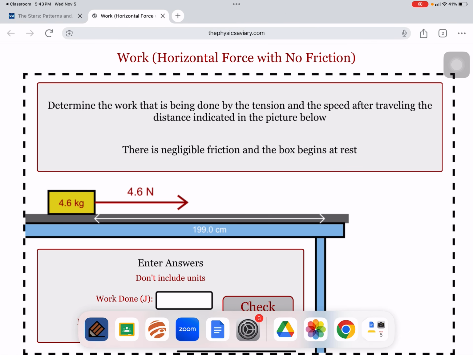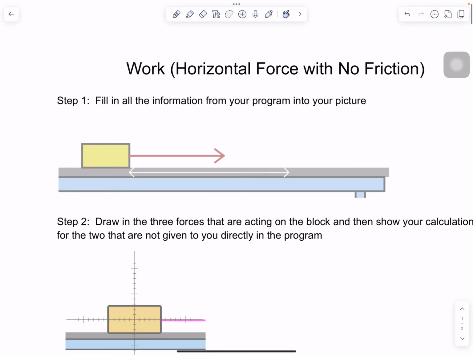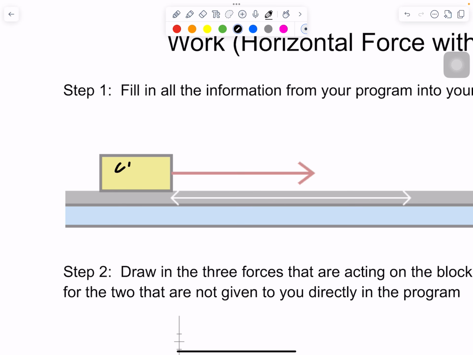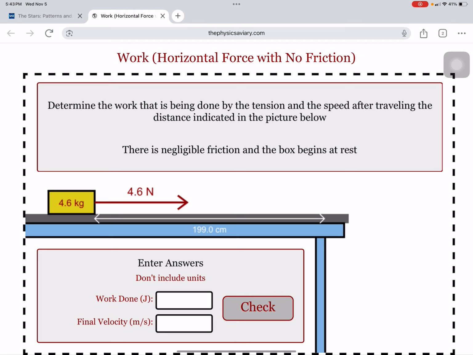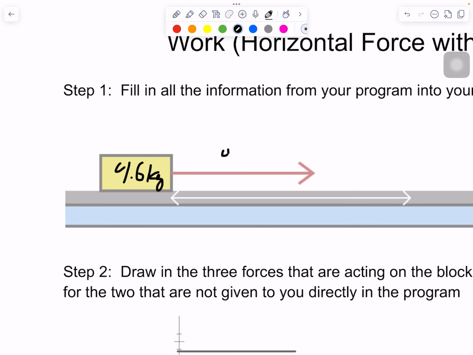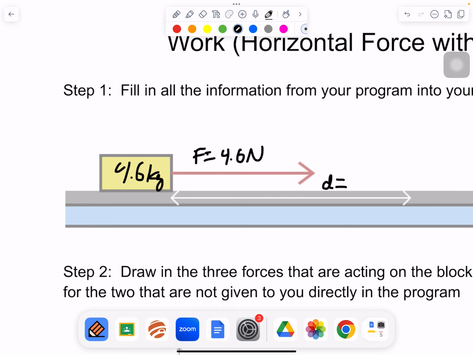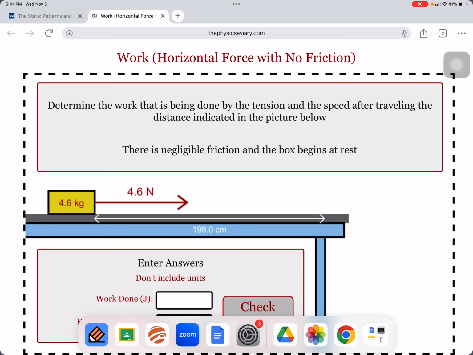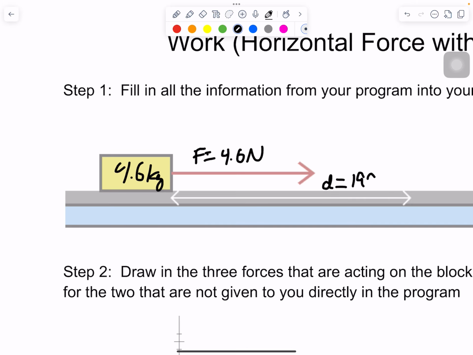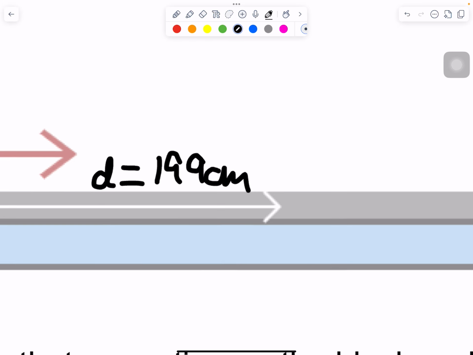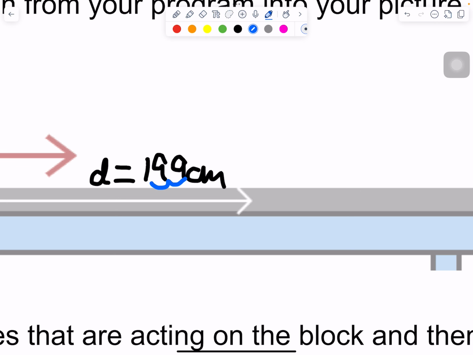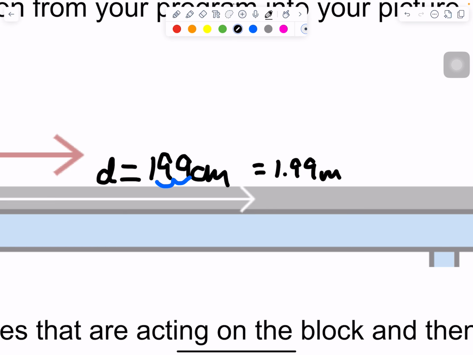So record all that. Recall that to move from centimeters to meters, you move the decimal twice to the left. So 1.99 meters.